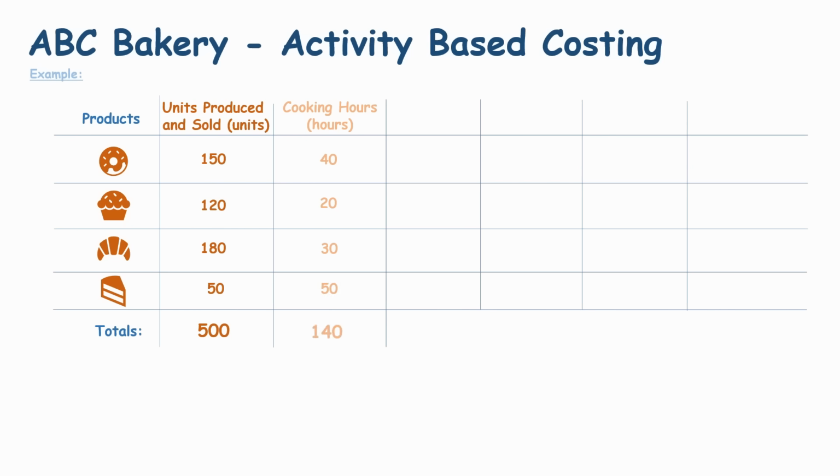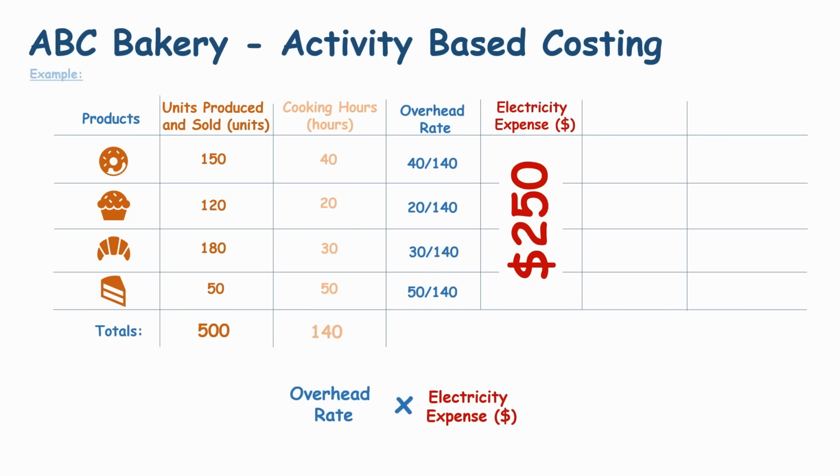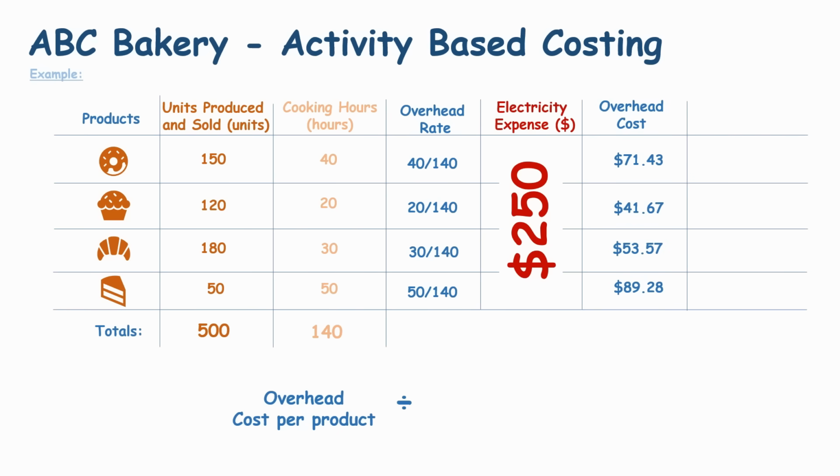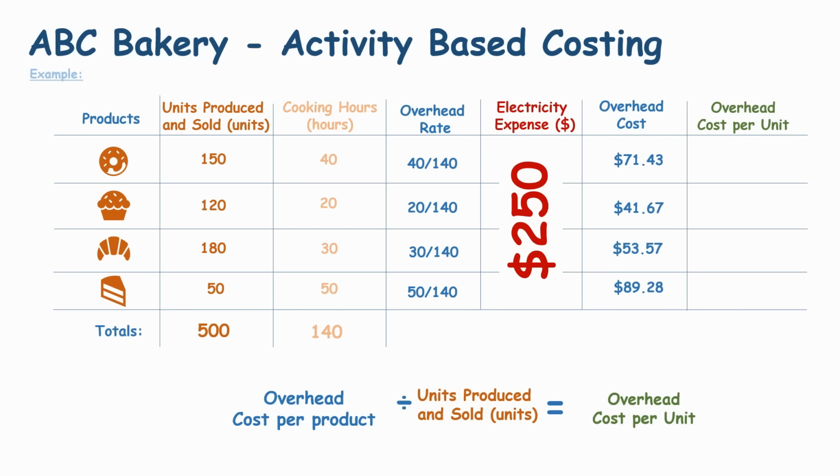So now that we know the cooking hours for the products, we can now identify an overhead rate to be multiplied to the electricity expense in order for us to get the overhead cost per product. We then divide this overhead cost per product by the total number of units in order for us to get the overhead cost per unit.